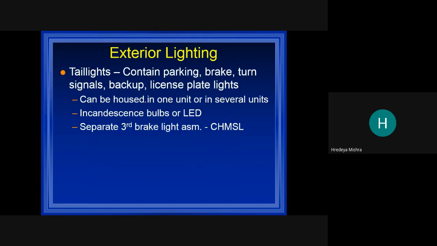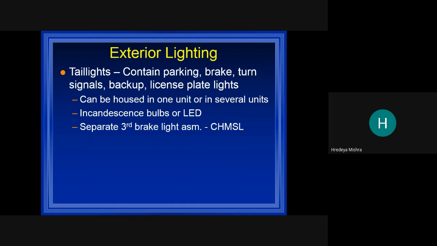Exterior light. Exterior lights are tail lights, containing parking, brake, turn signal, backup, and license plate light. Okay, these are the tail lights. Tail light controls all these. When we apply the brake, the tail light automatically blows.